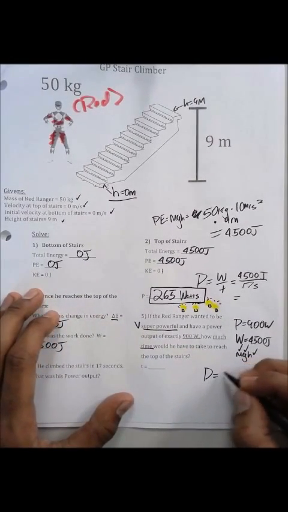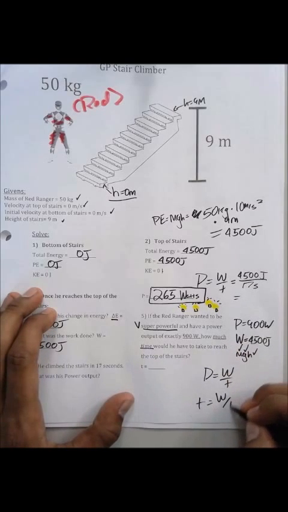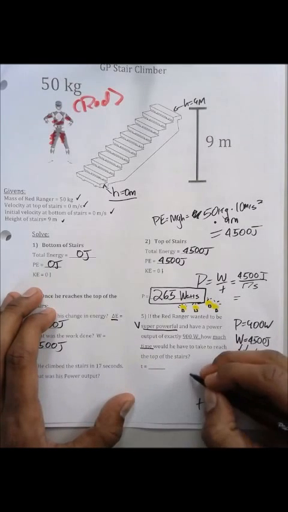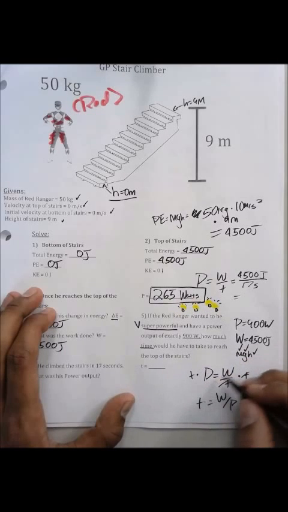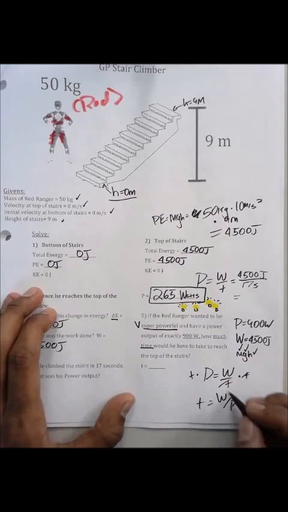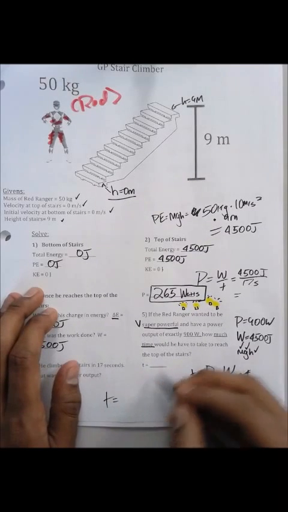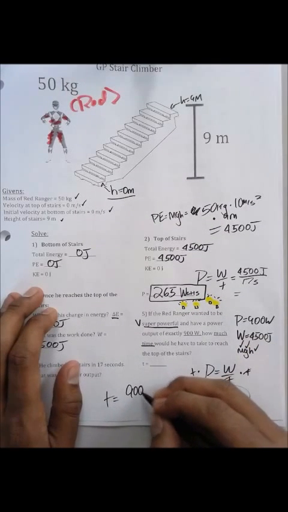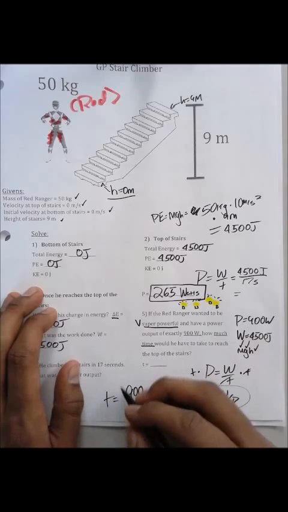So if P is equal to work divided by T, we need to solve for T. So T is equal to work divided by P. Oh my gosh, I'm sorry.